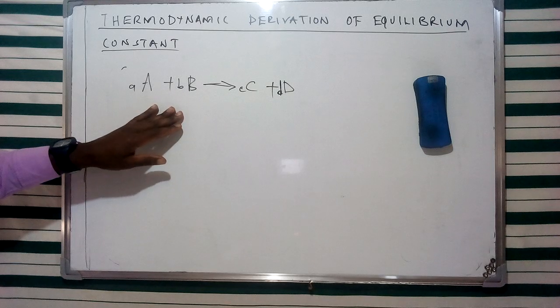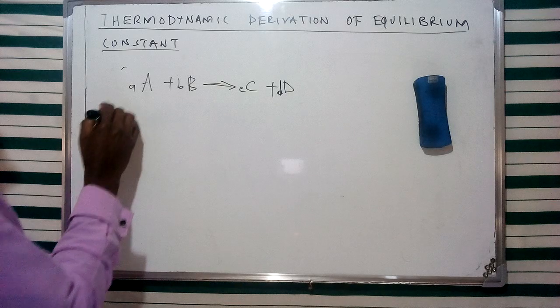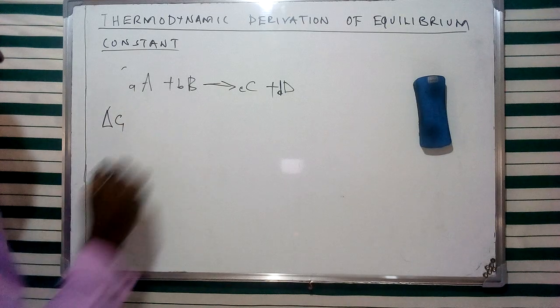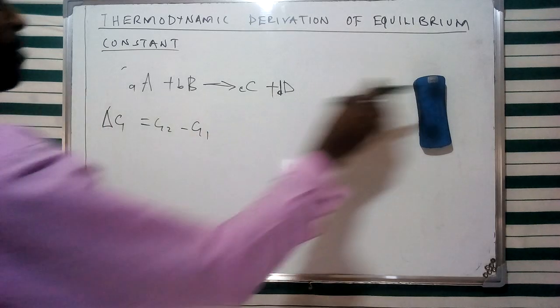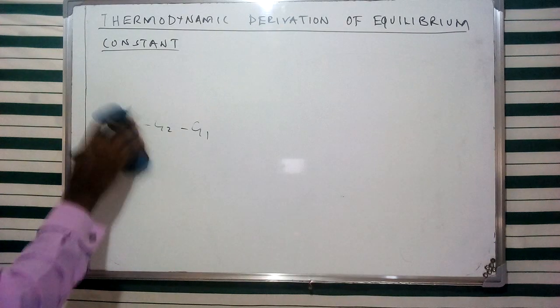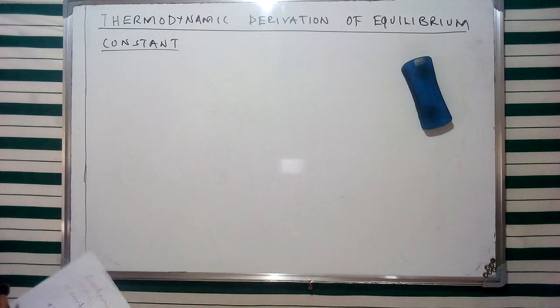In our consideration of the general equation, it's going to take this format, and we're going to find our delta G by finding the difference between G2 and G1.